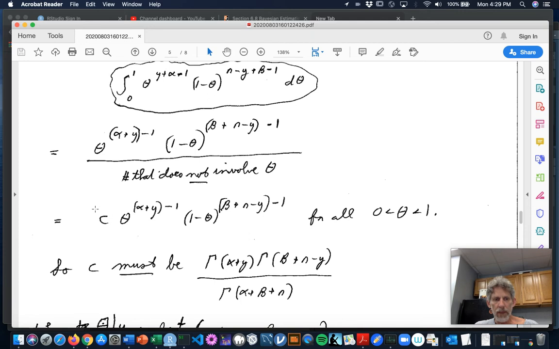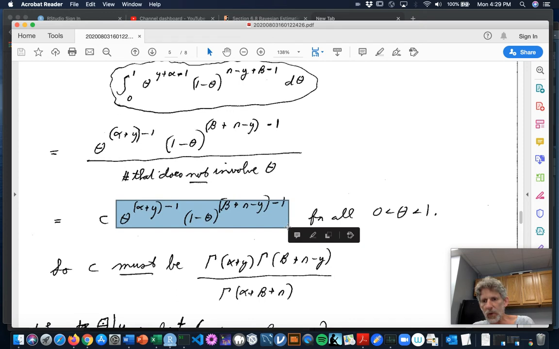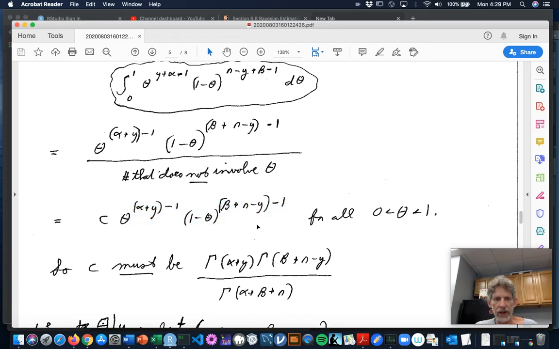Now, there can't be two PDFs that both have the same quantity depending on theta, but different constants in front. You can't have like the beta that does that and this other one that does that. The reason is they both got to integrate to 1 when you integrate over the sample space of thetas.